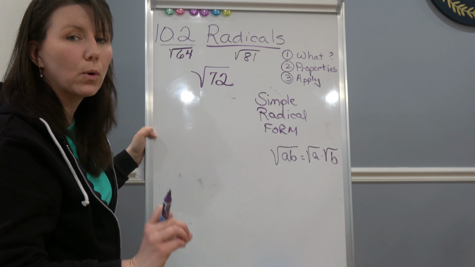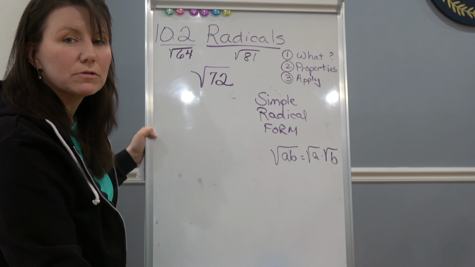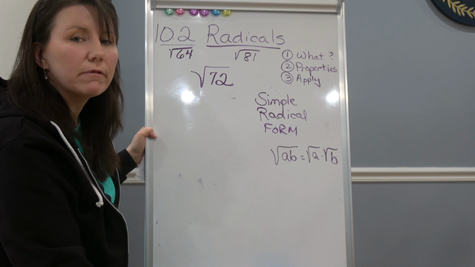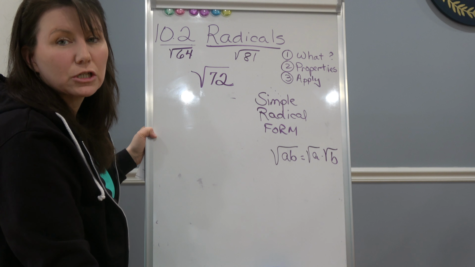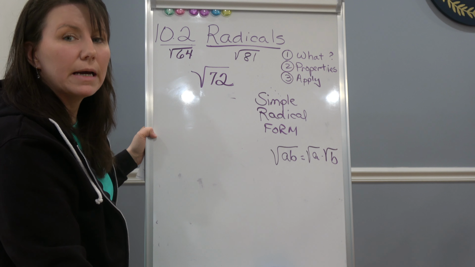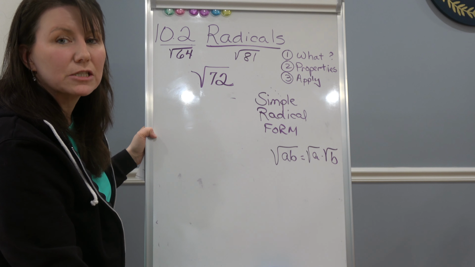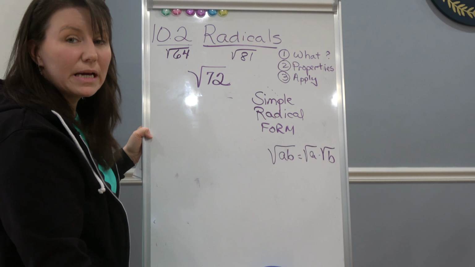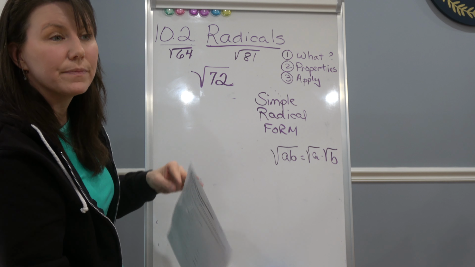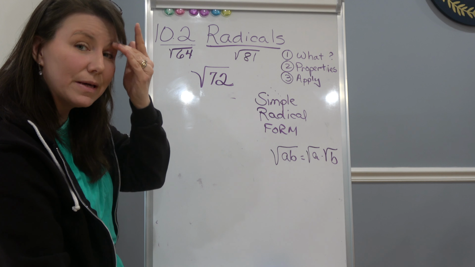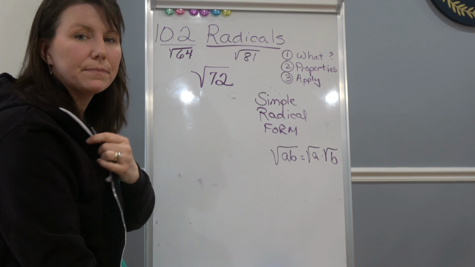Can't break it up anymore, right? And the factorization means that we're going to rewrite this number as a product of its factors. So we're rewriting it as a product of its prime factors. This might look really long when I do this first, but once you get the hang of it, it can go very quickly.